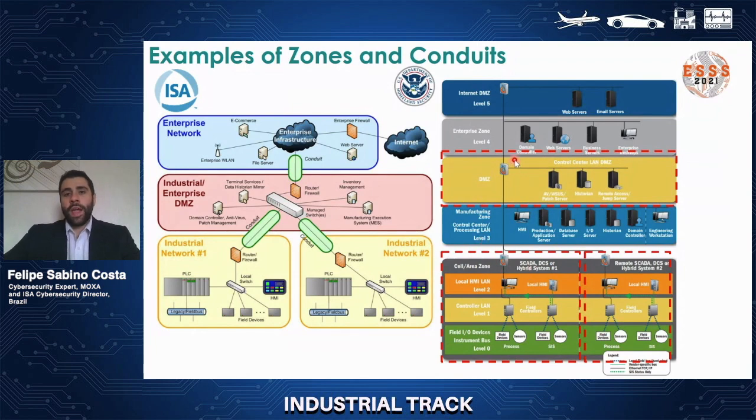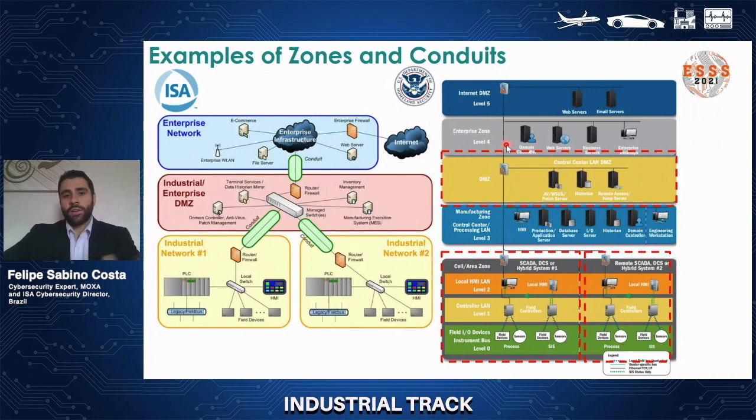So we call that a flat network. It's really harmful once an attacker gets access inside the network. They can do anything because there is no other defense deployed. So we need to avoid that, and it cannot be accepted anymore in industrial control systems.